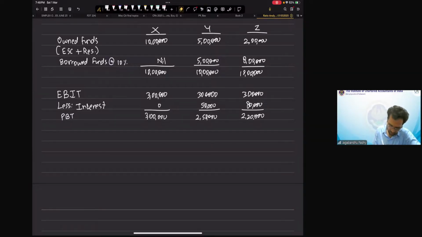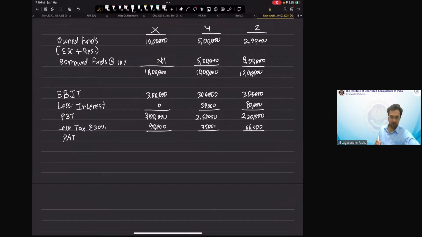From this PBT, let us subtract taxes at the rate of 30%. Of 3 lakh, 30%, which is 90,000, is the tax. On 2 lakh 50, 30% amounts to 75,000 as tax. And out of 2 lakh 20, 66,000 is the amount of tax.